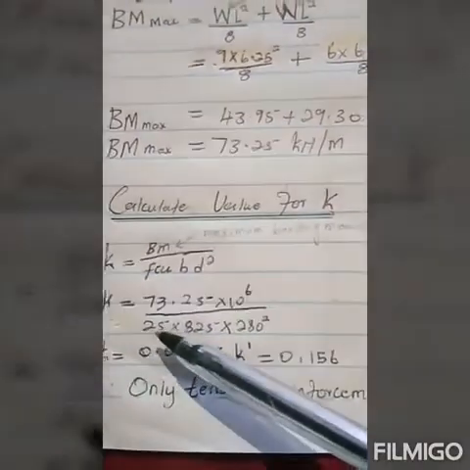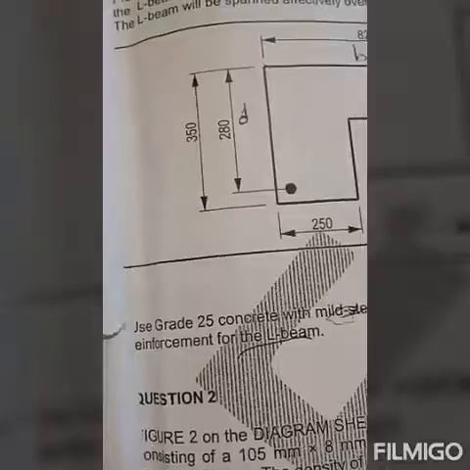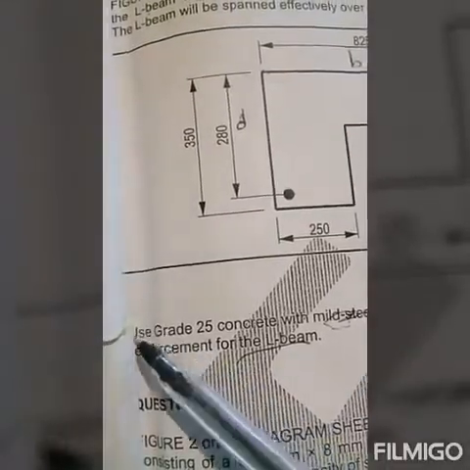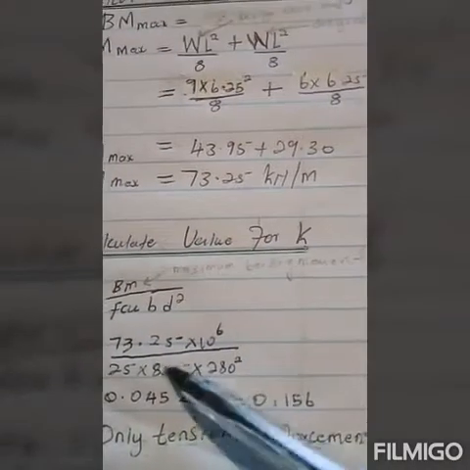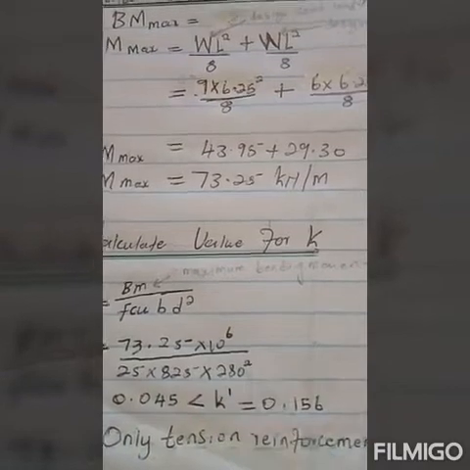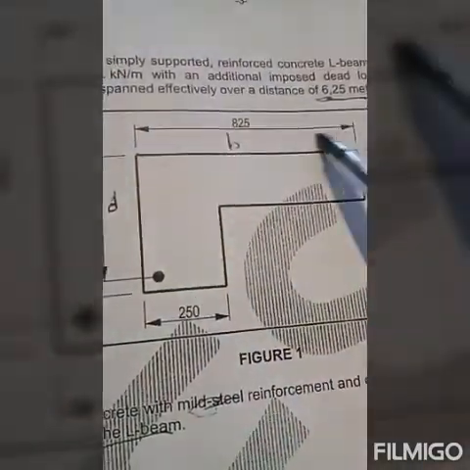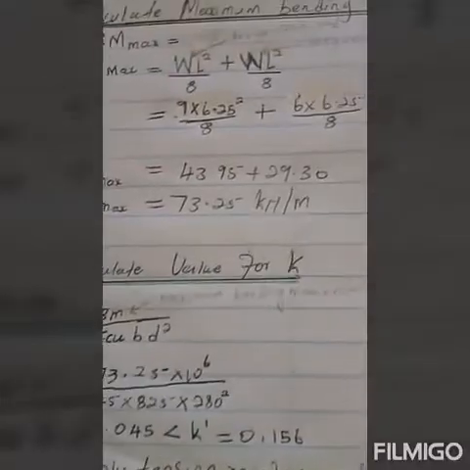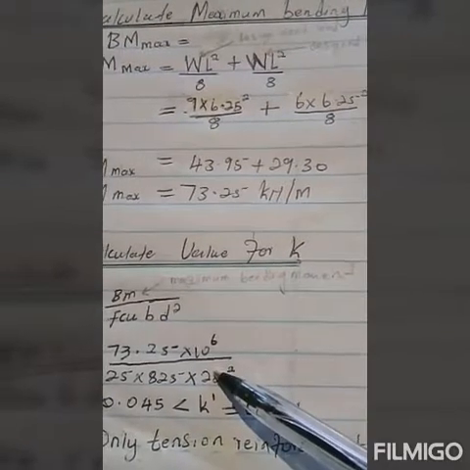And FCU is grade 25. Use grade 25 concrete. 825 is the breadth of the L-beam. The 280 is the effective depth of the L-beam.